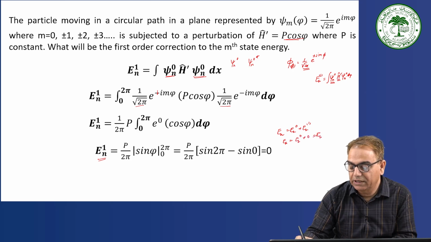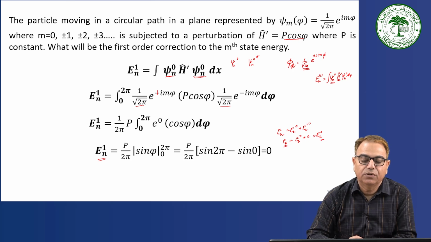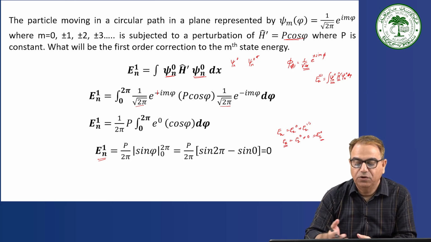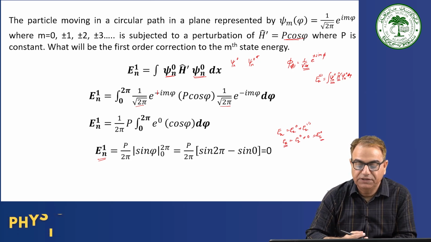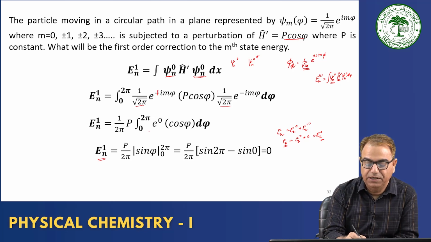So the energy of the unperturbed system and energy of the perturbed system are equal because the correction to the energy is 0. And it's very obvious from the calculation that the correction to the energy will be 0. The only correction here is a typing error, a copy and paste error: you make it plus i m phi, so that e to the plus i m phi times e to the minus i m phi will become e raised to the power 0.